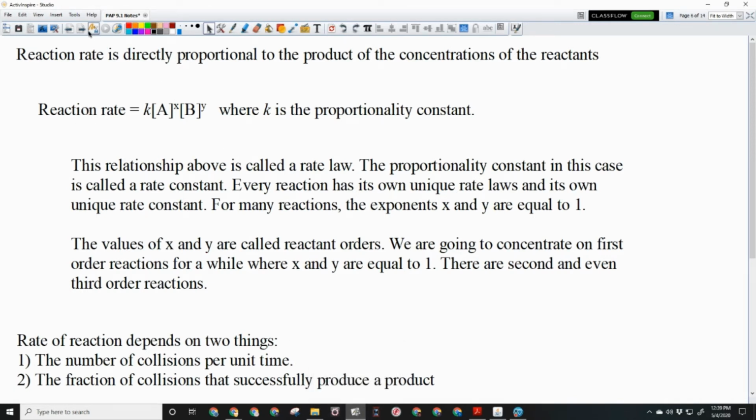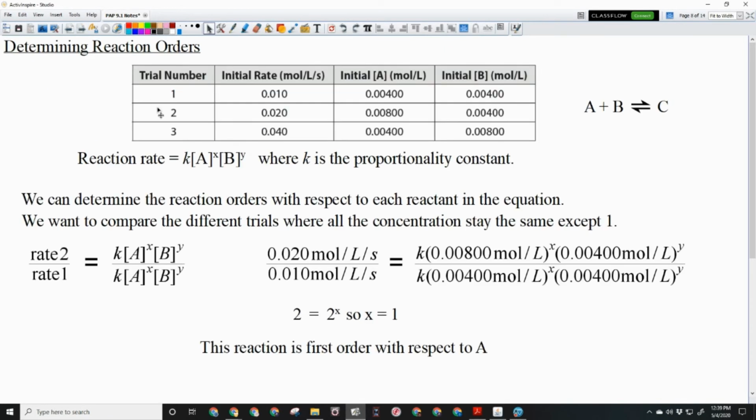And the way that we do that is through experimentation. So here in this experiment, we had 3 trials, and this is just the reaction of A and B to create C. So very, very simplified reaction here to start off.